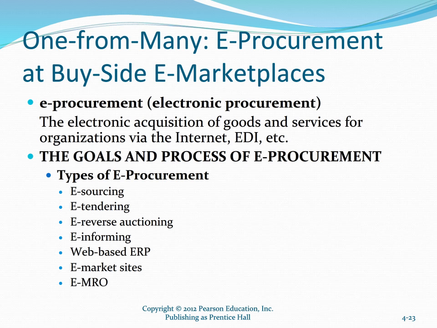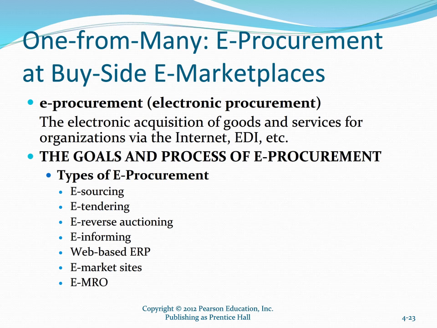E-sourcing is basically identifying new suppliers for a specific category of purchasing requirements using internet technology. E-tendering is sending requests for information and prices to known suppliers and receiving the suppliers' responses and bids using internet technology. E-reverse auctioning is using internet technology to buy goods and services from a number of known or potentially unknown suppliers.